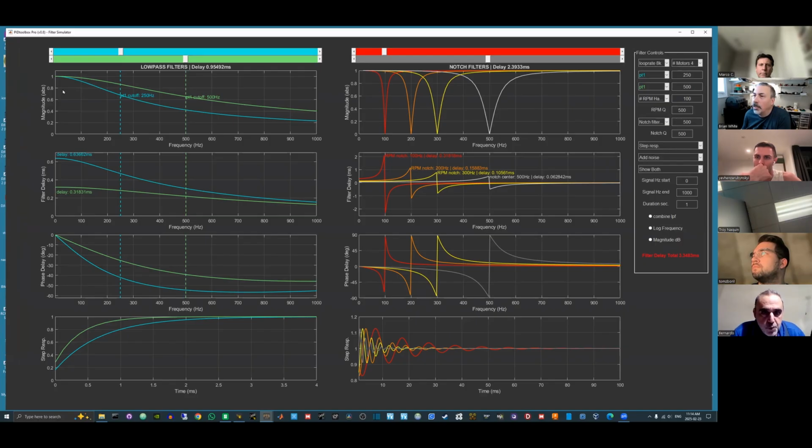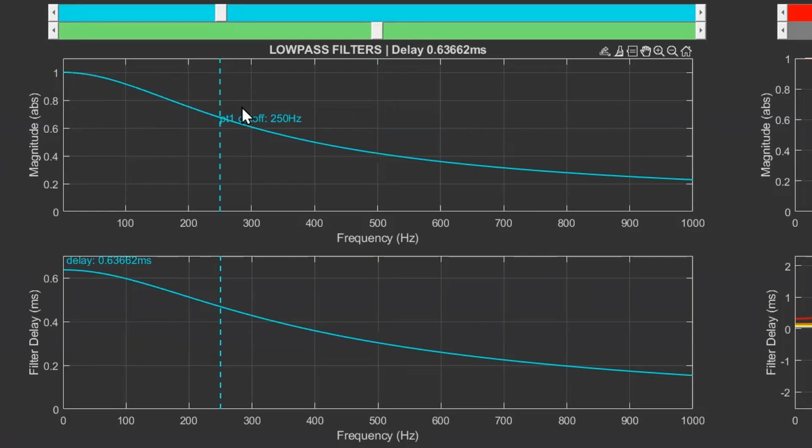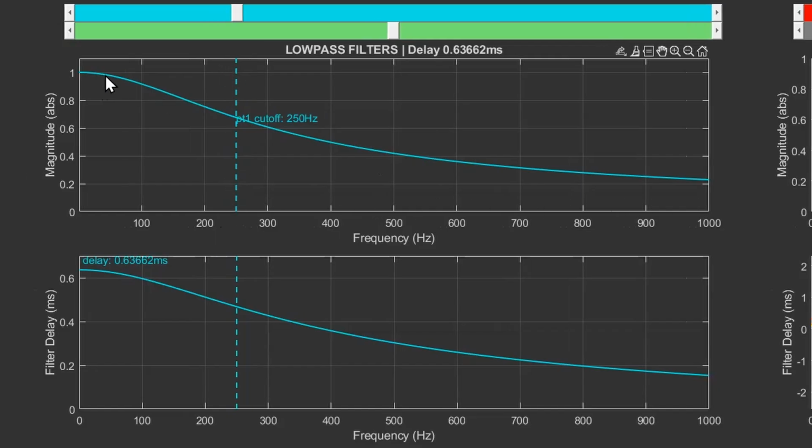So first of all, let's look at low pass filters. So you can see here that if you take a single, let's turn off one of these and just take a look at a single low pass, right? So you'll see that this low pass, it's a PT1 with a cutoff of 250 hertz. The first thing you'll notice is that it doesn't go straight down the line here, right? It's actually a gradation right from the get-go.